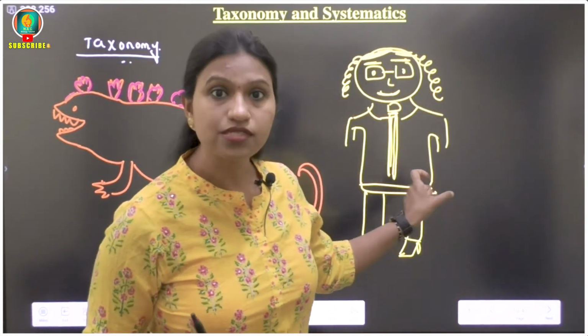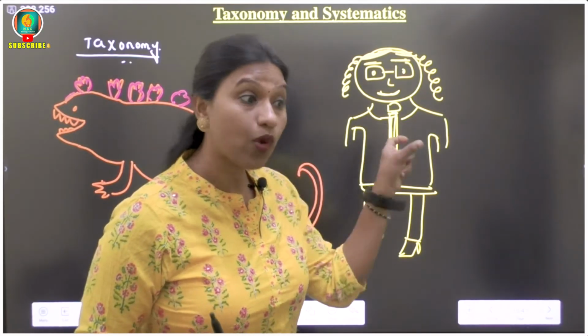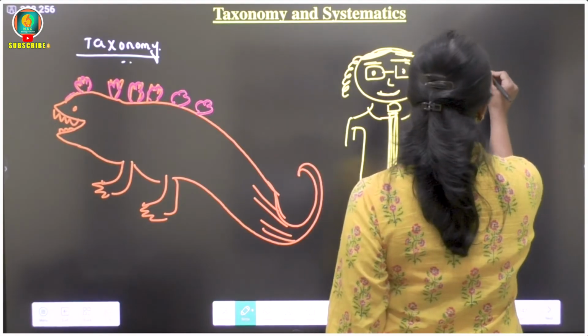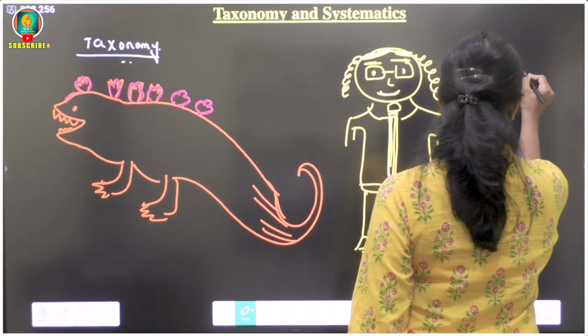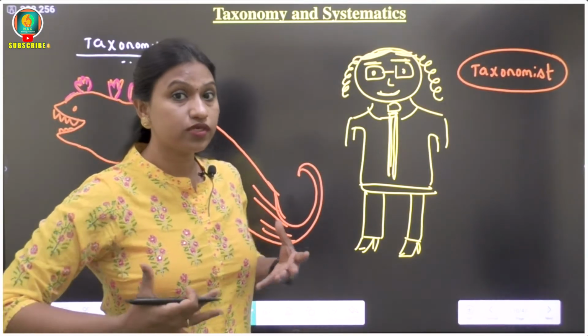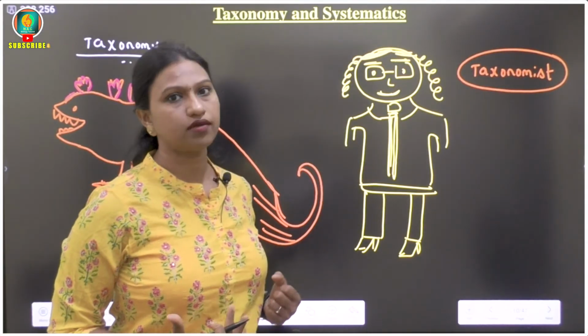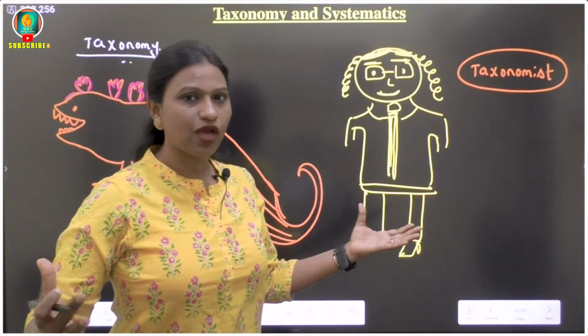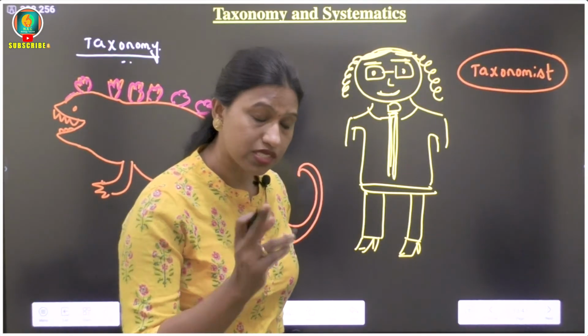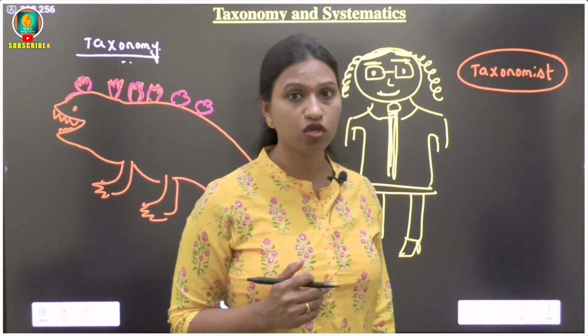Such a scientist who is able to identify a new organism, we call him a taxonomist. To get into this profession he has to work hard. It is not so easy. You have to work hard to become a taxonomist also.